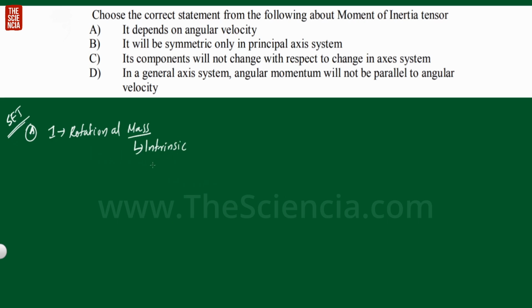So it will not change with the velocity, but it will change when we are considering a relativistic case. If a particle or a body is traveling at a velocity similar to or equal to the velocity of light, then its mass will change. But here we are not discussing a relativistic case, so the mass of the body will not change due to the angular velocity. So the first option is wrong.